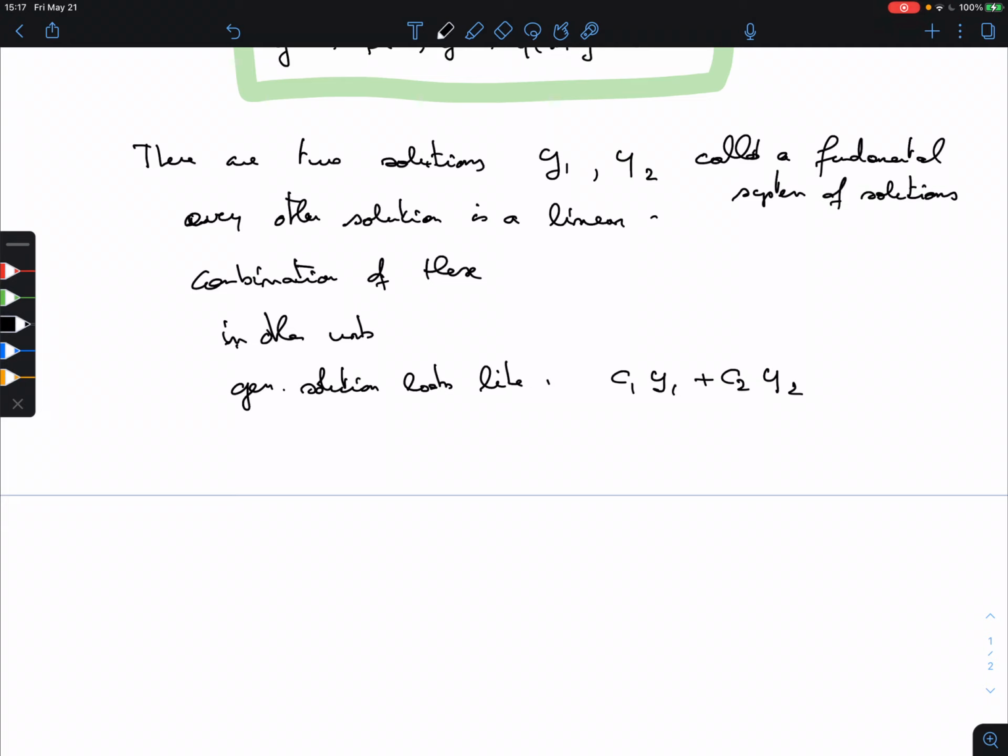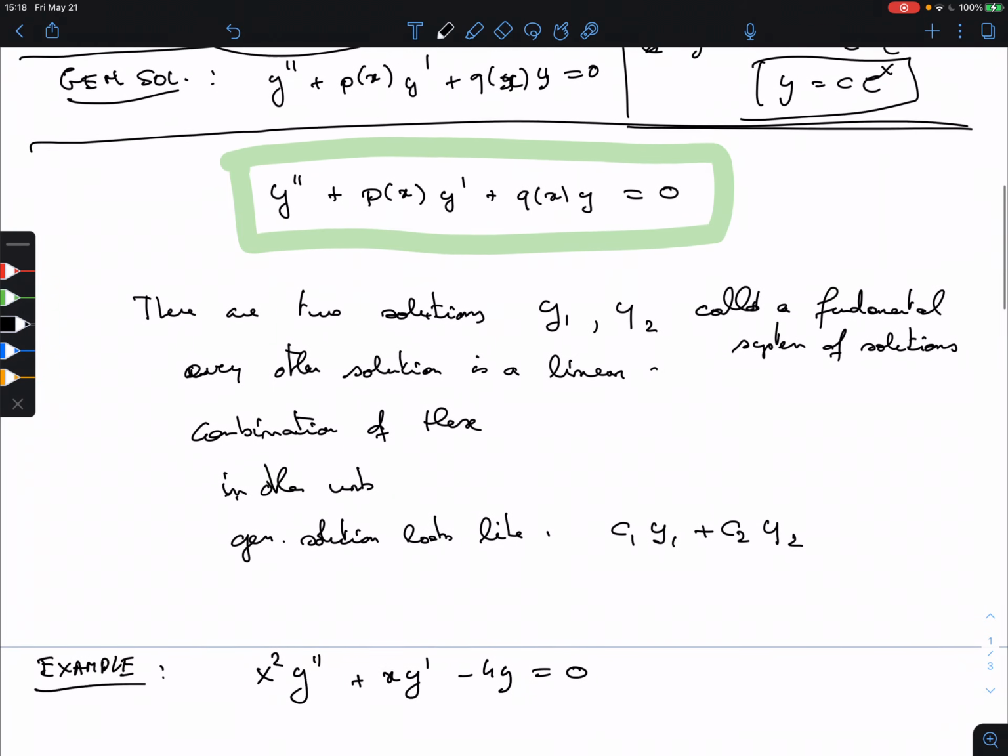Okay. So let's look at an example. We have x squared y double prime plus xy prime minus 4y equals 0. Now, first you might complain and say, this is not linear, professor, because that's not how it looks in linear form. But you can make it linear.